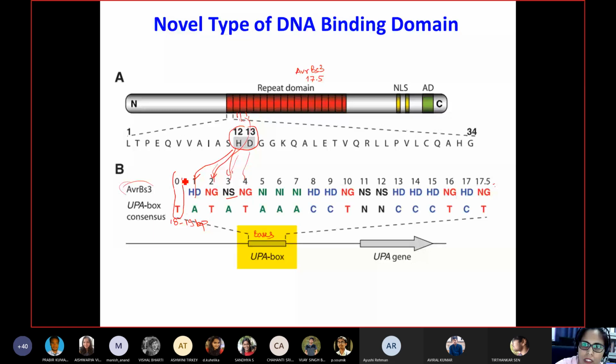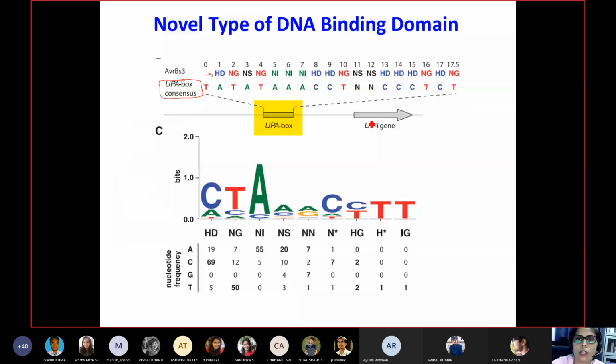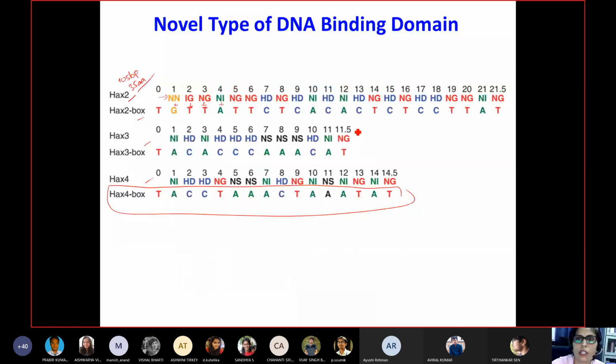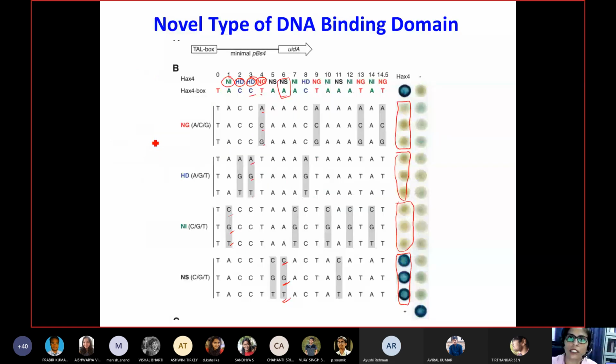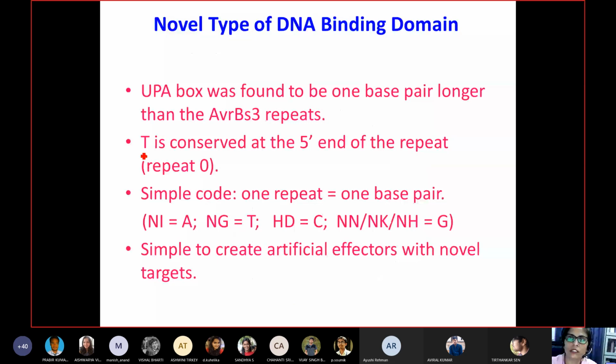It always started with T, and it is one base pair longer than your repeats. This is also there in HAX1, so it always starts with T. T is conserved at the 5 prime end.